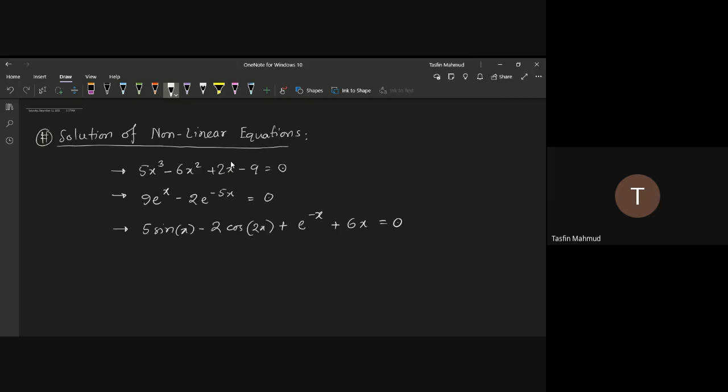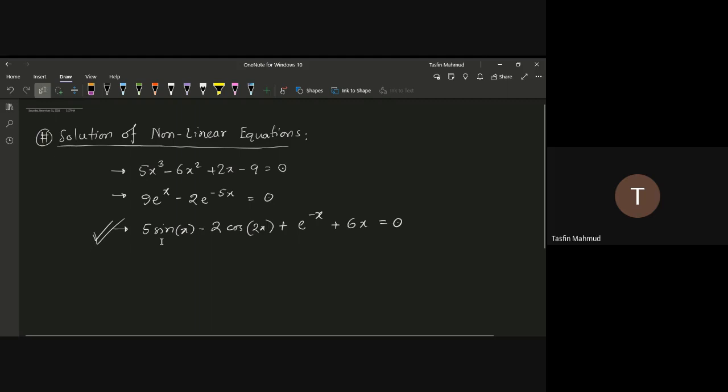And what is the motivation to solve any equation using numerical techniques? The motivation is similar to the previous one that I discussed. Let's assume we have been given this equation. If we try to solve this analytically, then it would be a bit tough, right? If we try to solve this equation with pen and paper, it will be a bit difficult, won't it?